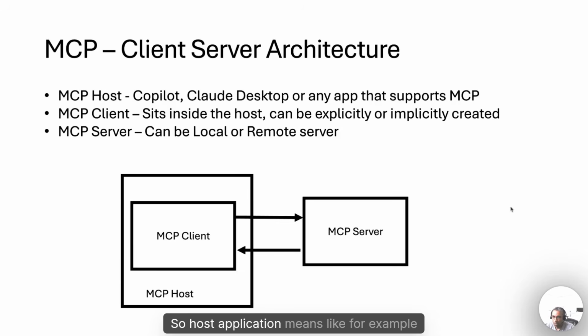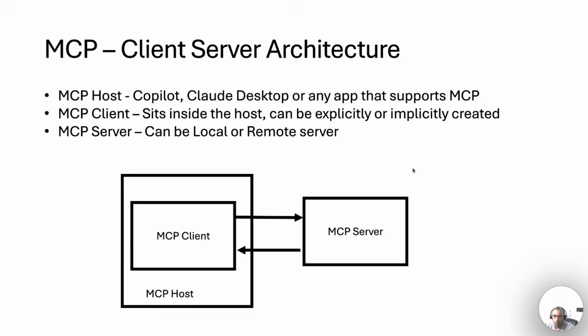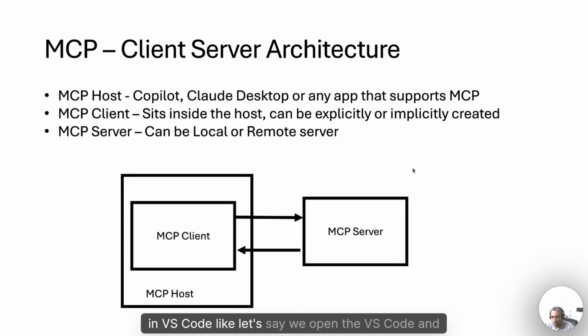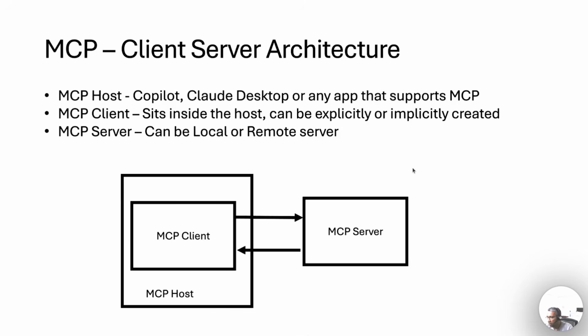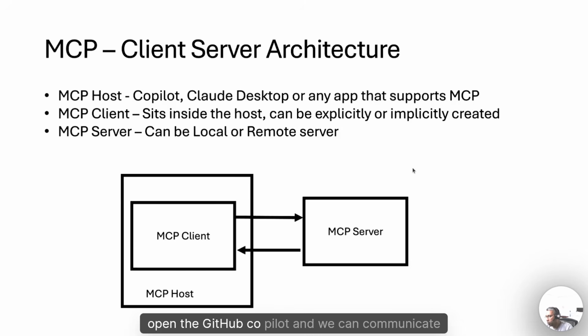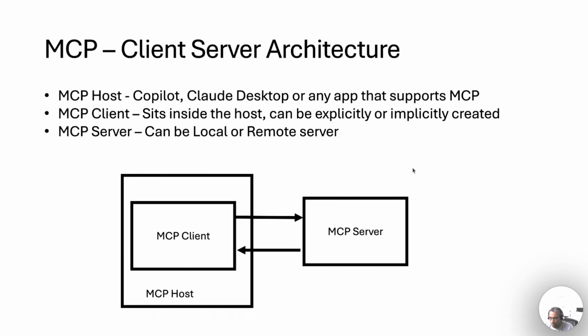For example, we know that we have GitHub Copilot in VS Code. Let's say we open VS Code, and in VS Code we open GitHub Copilot, and we can communicate with Copilot and ask questions. So GitHub Copilot is one example of an MCP host.